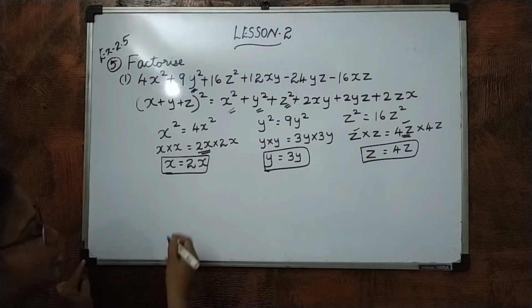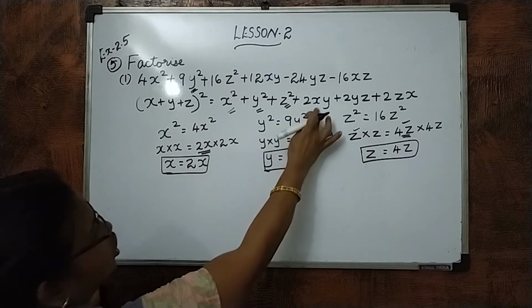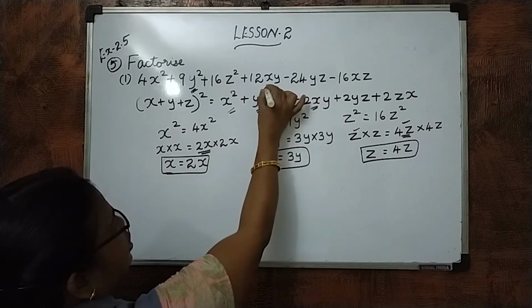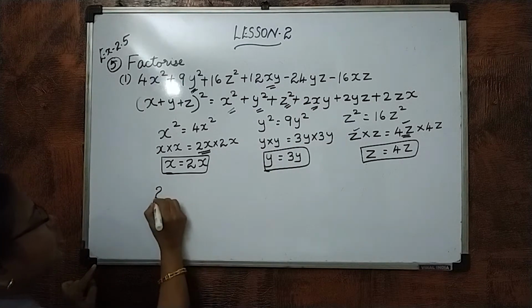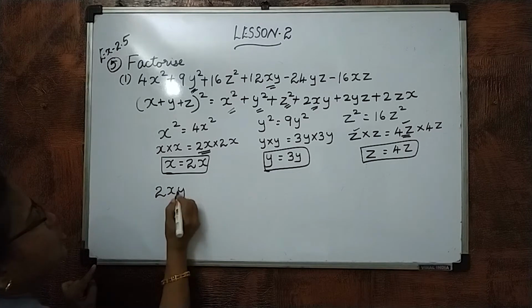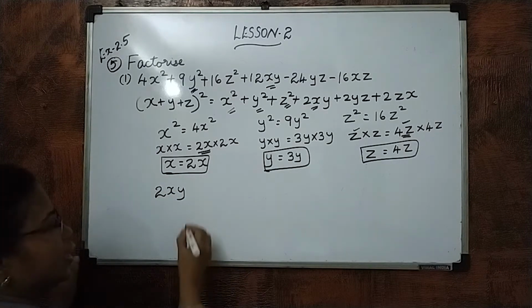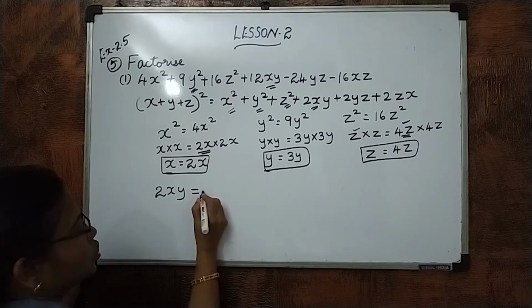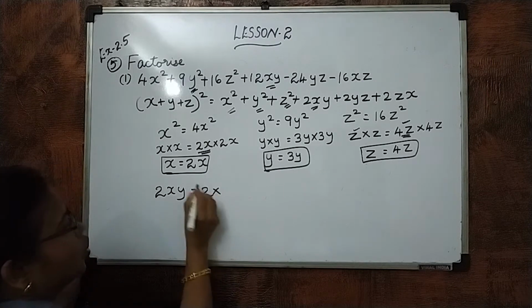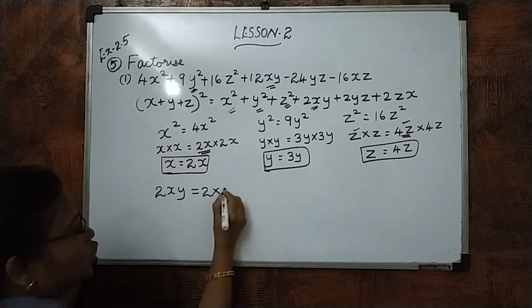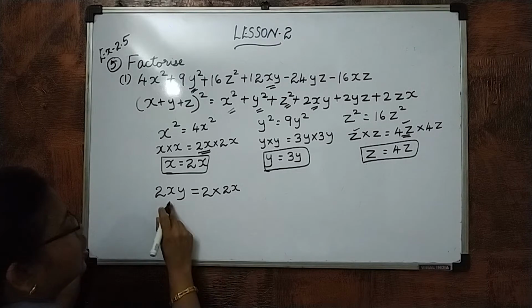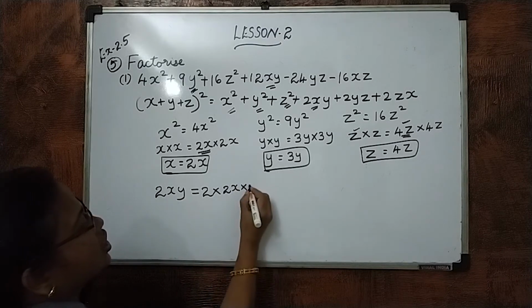So you have to find out the next one. What is the first one? 2xy. Here this is 2xy. If we use x equal to 2x, what will I get then? 2xy is equal to 2 into, what is x? x is 2x, into, what is y? It is 3y.